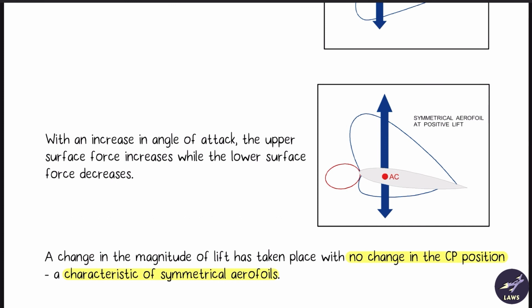A change in the magnitude of lift has taken place with no change in CP position, that is center of pressure position. It is a characteristic of symmetrical aerofoils. The position of CP will remain the same in case of symmetrical aerofoils, but in case of asymmetrical aerofoils, as we saw, as we increase the angle of attack, the CP was moving forward till CLmax, after which it dropped.